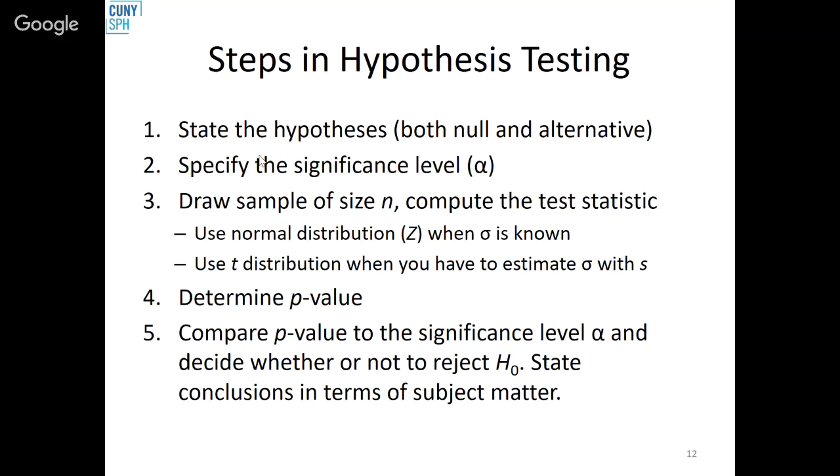It's the best way to avoid trouble. You'll specify a significance level, that represents the amount of confidence you want to have, if it's a confidence interval, or it's your type 1 error in hypothesis testing, and we call that alpha. You then do your study, take a sample of size n, compute the test statistic.